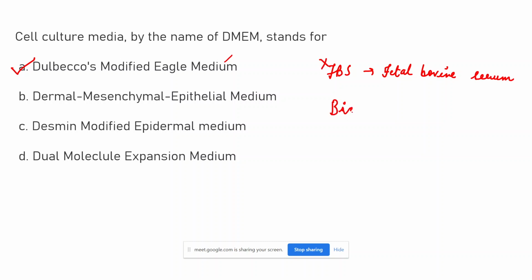However, it has bicarbonates, glutamine. So we add something around 10% FBS to make it enriched, and this is the medium Dulbecco's modified Eagle medium. It was named after the scientist.